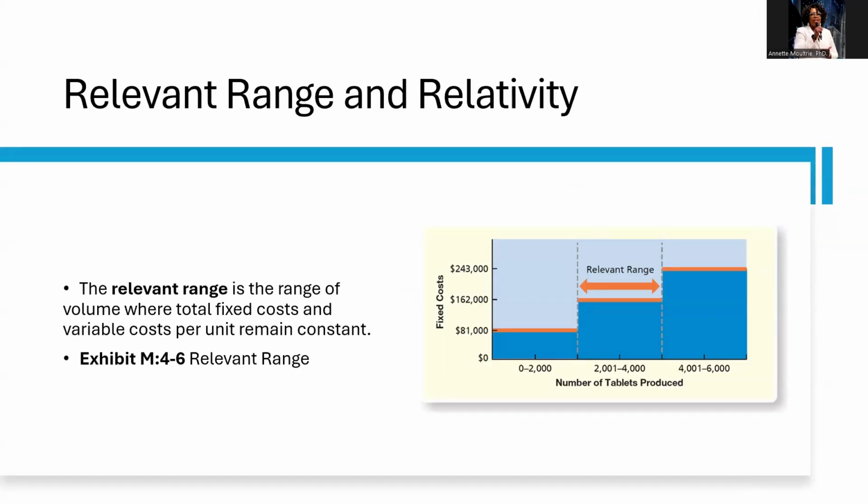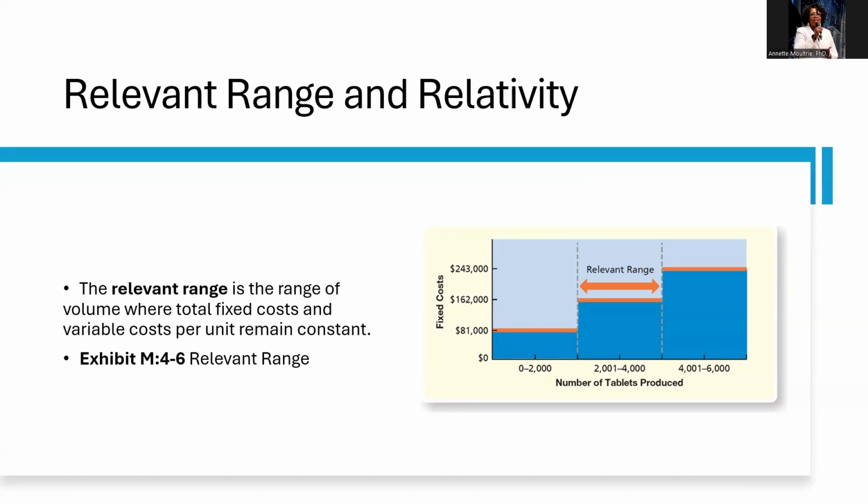Relevant range and relativity. What exactly is that? The relevant range is the range of volume where total fixed costs remain constant and the variable cost per unit remains constant.